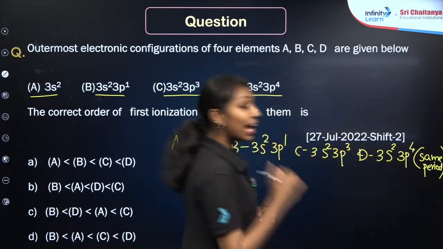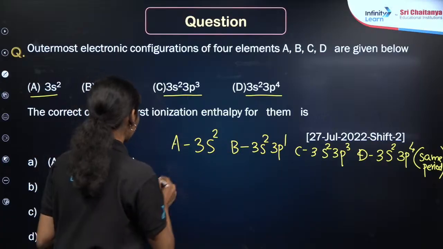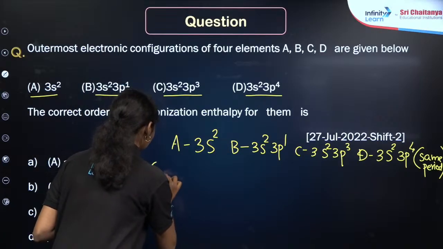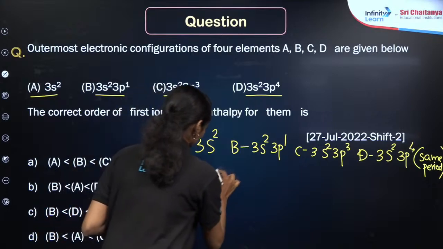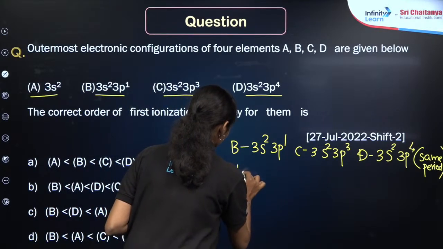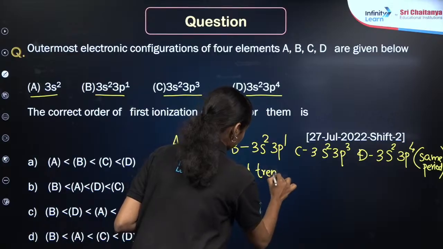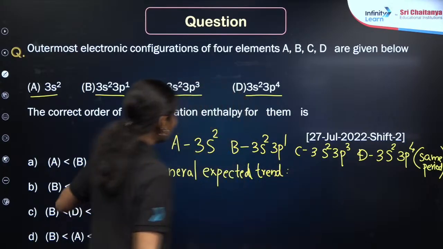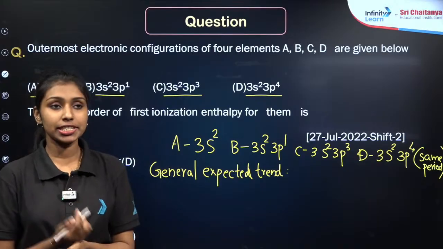Then what will be the expected trend here? From left to right in a period, what will happen? General trend. From left to right, what will happen for the ionization potential or ionization energy?